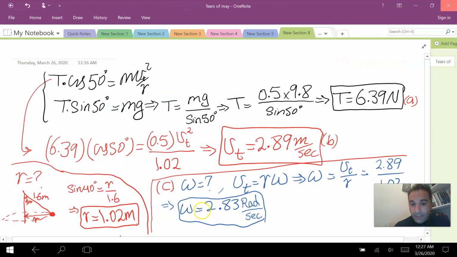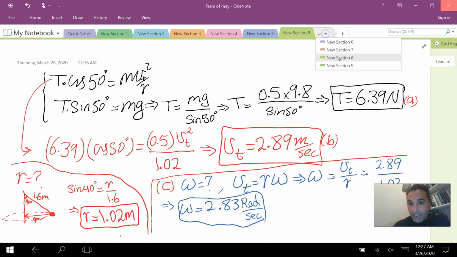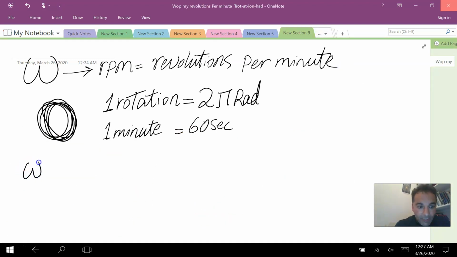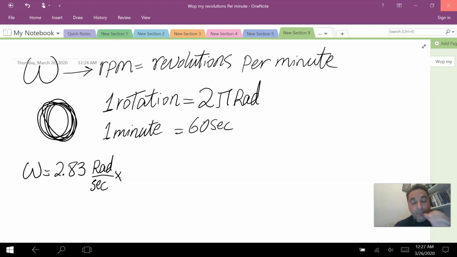Okay, how much was omega? It is 2.83. Now I am going to write omega is 2.83 radians, correct, per second. Am I right? I will convert this one to RPM, rotations per minute. Watch guys, I want to convert radians to rotation, so I'm going to write radians here and revolution here.